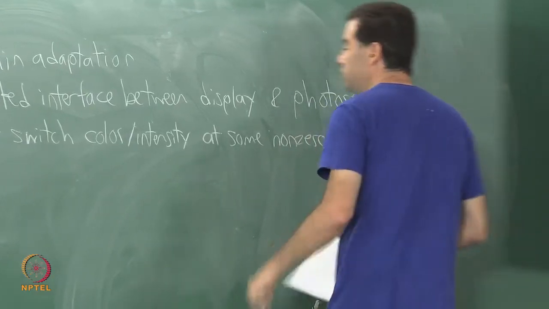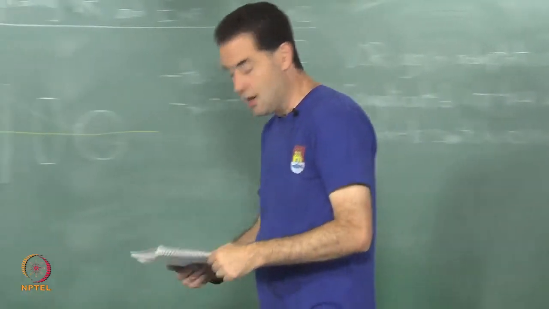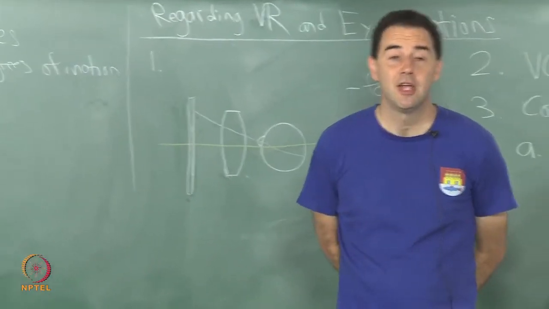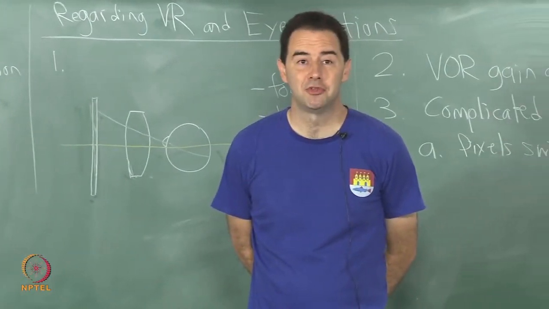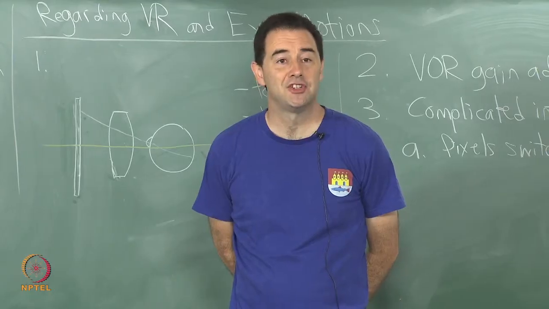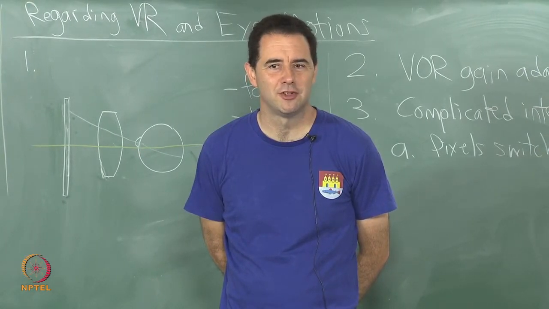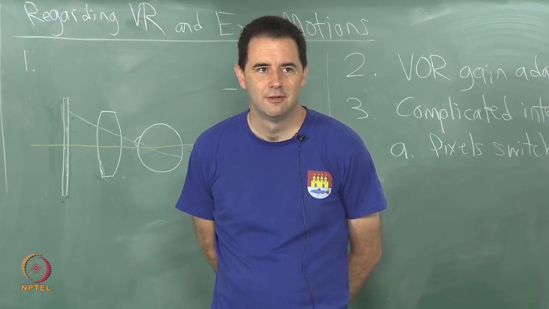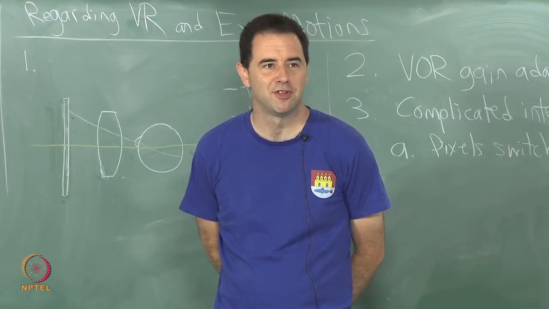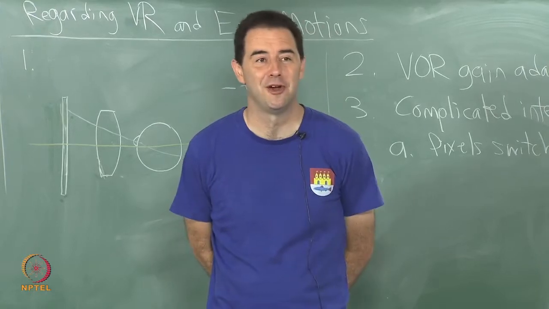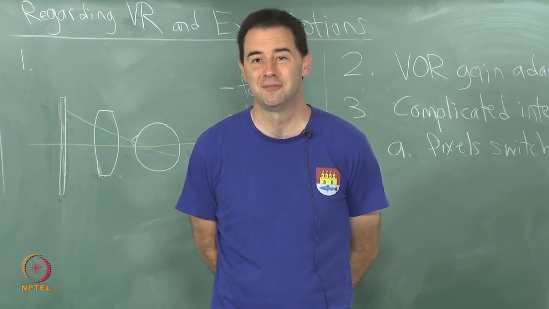In other words, it's not instantaneous. If it's an LCD display, it could take up to 20 milliseconds to switch. If you're running at 60 hertz, what's the time between frames? So 16.67 milliseconds. So it could take longer than an entire frame just to switch the pixels.